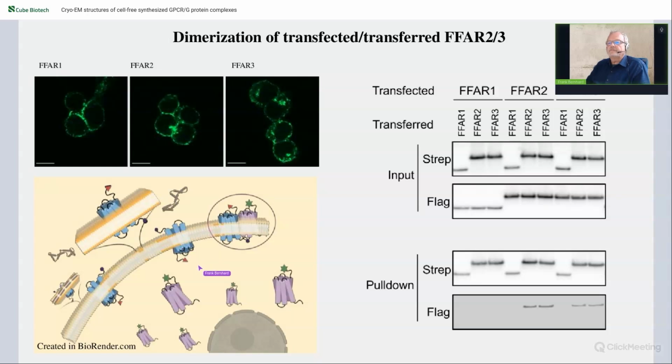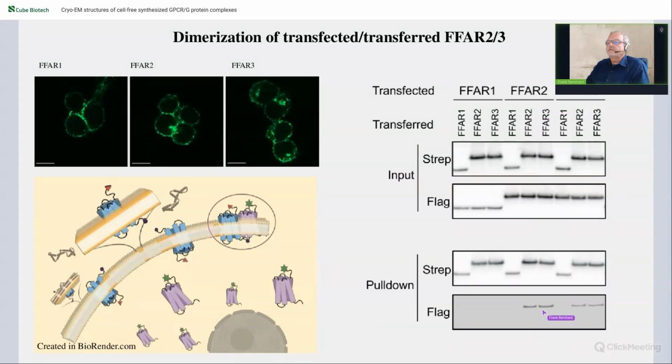So what we next did, we lysed the cells after the transfer, made a Strep tag purification, which you can see here. And then we checked via a FLAG tag antibody whether we have pulled down the cellular GPCR synthesized after transfection, and indeed this is the case. You see here transfected FFR2, and this is a pull-down of transferred FFR2, so this is a homodimer.